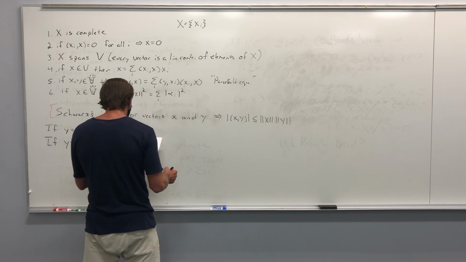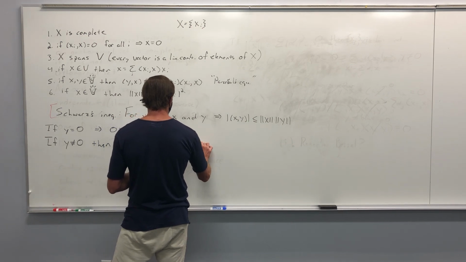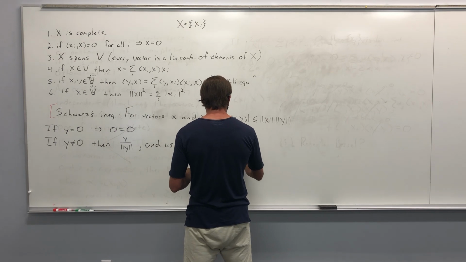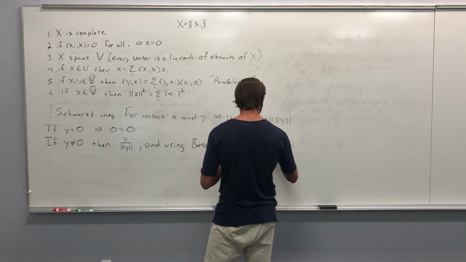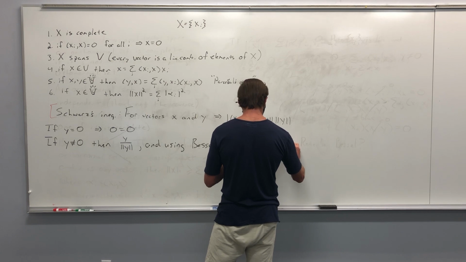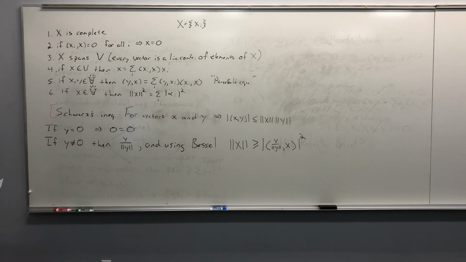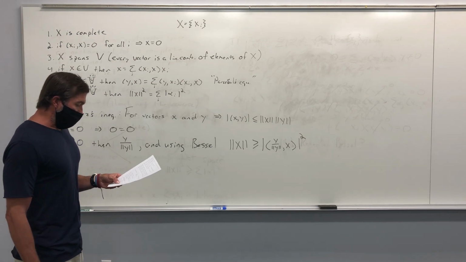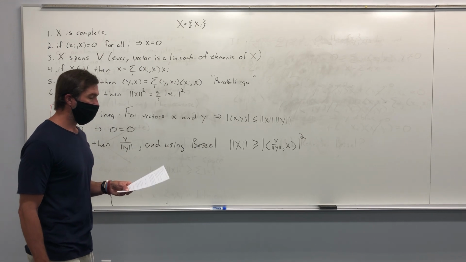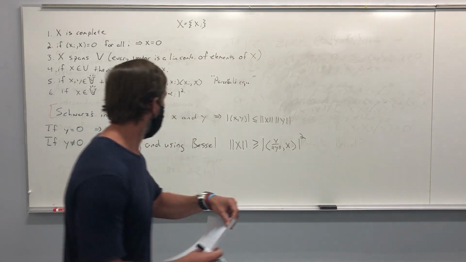And now we can use Bessel's inequality. We have that the magnitude of x is greater than or equal to the inner product of x with y over the magnitude of y. Everybody on board? Why is it squared?